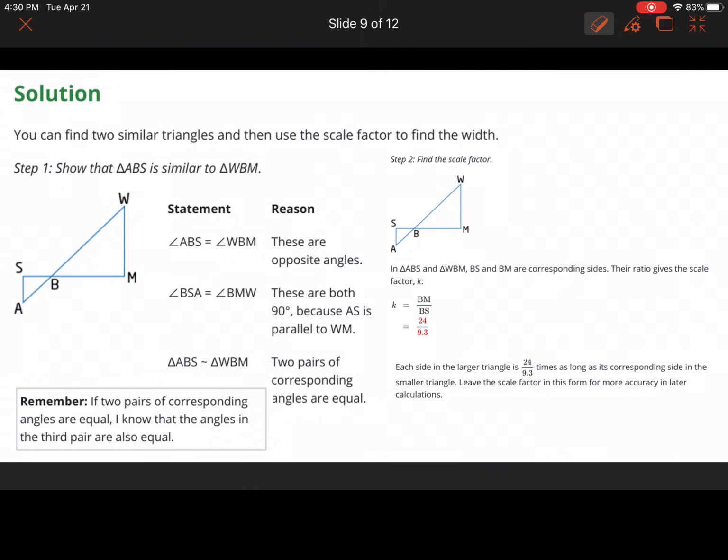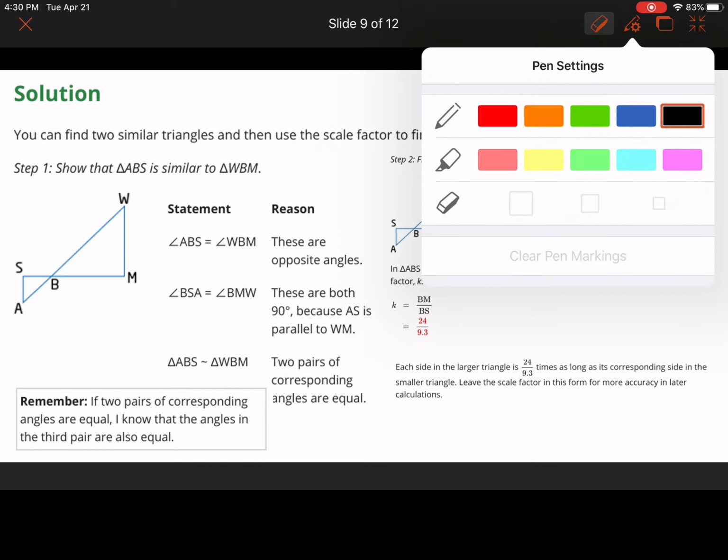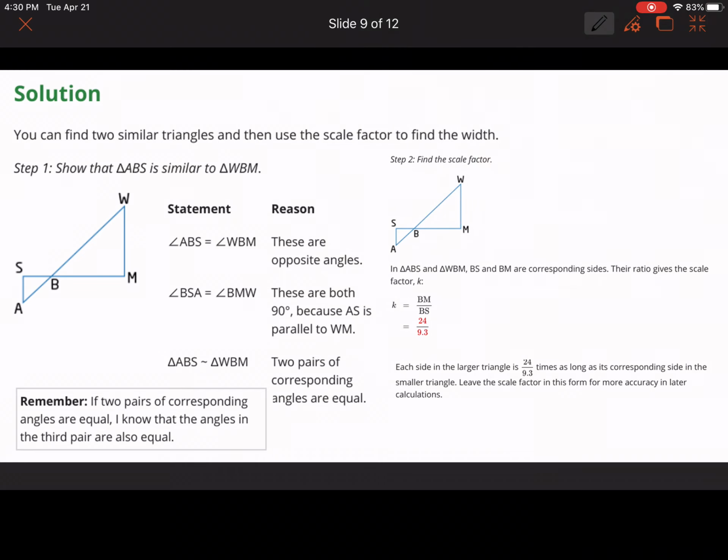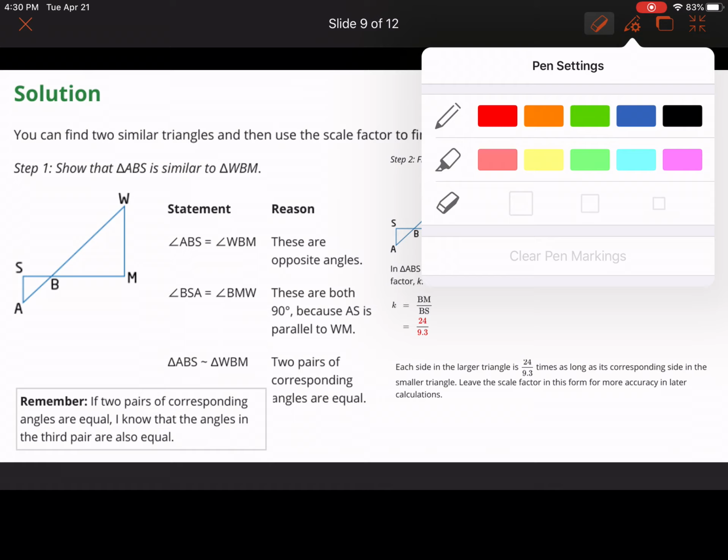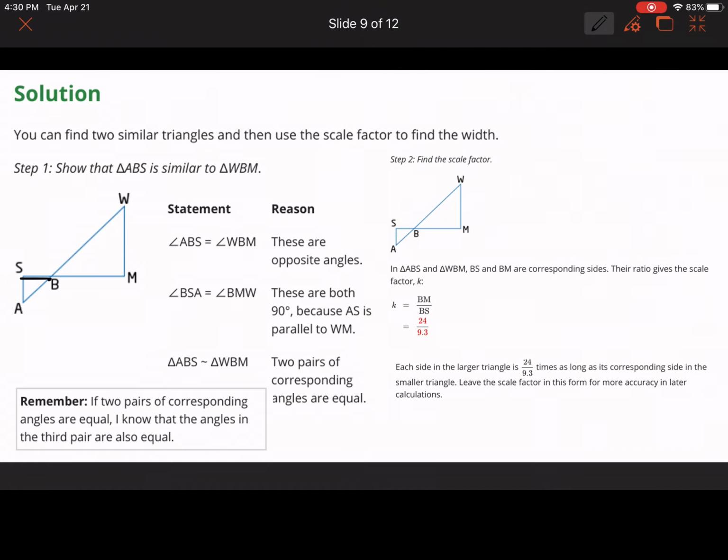Then they said angle BSA and BMW are both 90 degrees because they are parallel lines.